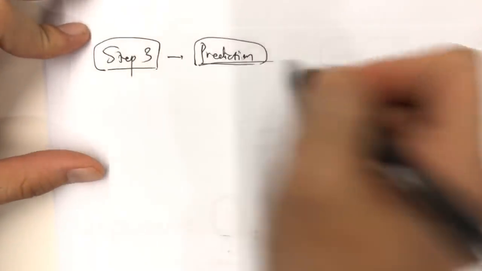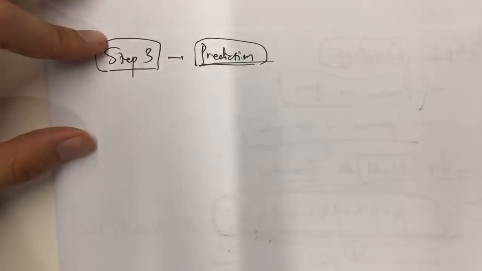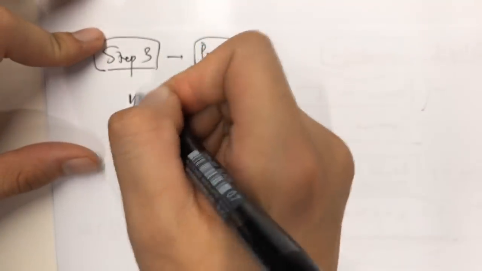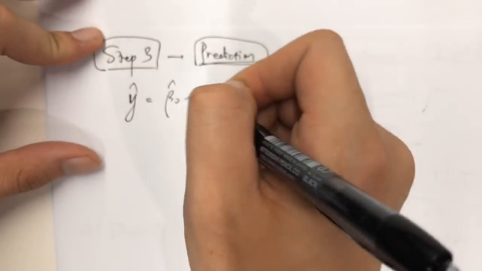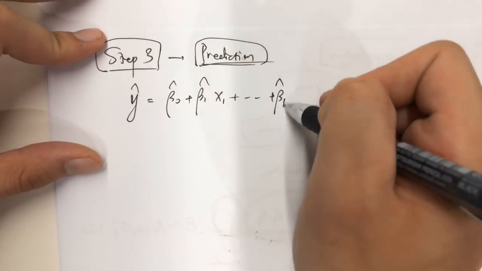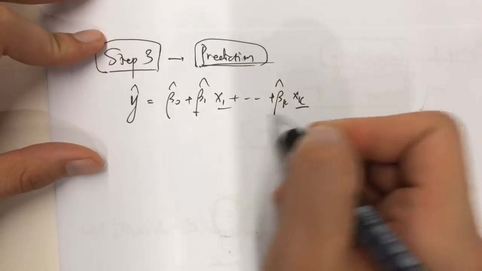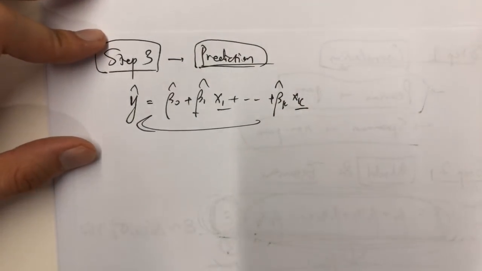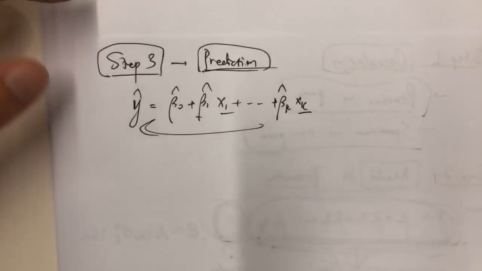It's good. Okay, step 3, prediction. After you get an estimated equation, it's very easy to do a prediction. You just plug in all the x values, right? And then calculate the y value, right? So that's pretty easy.